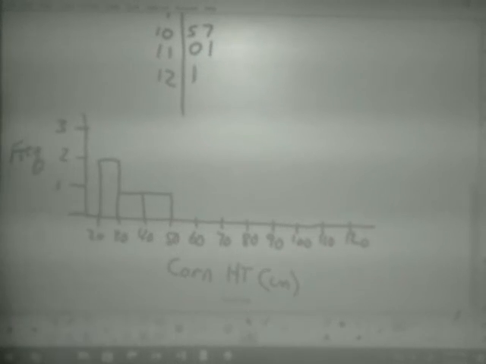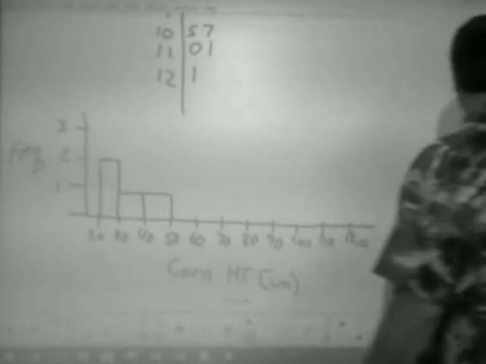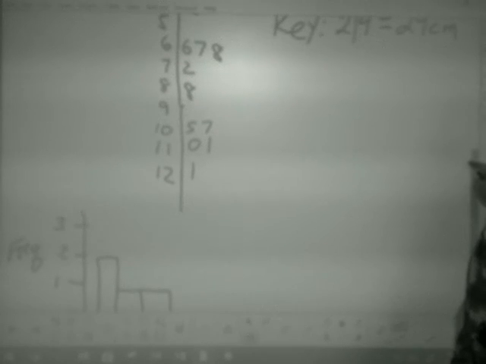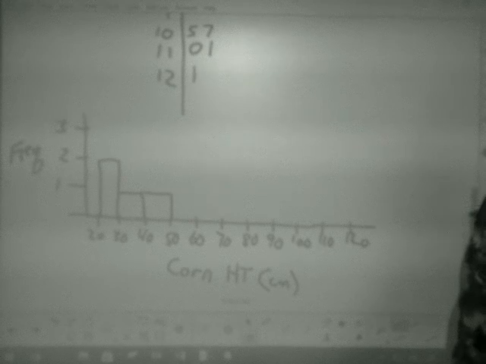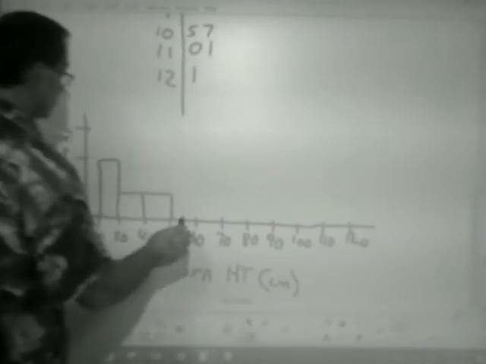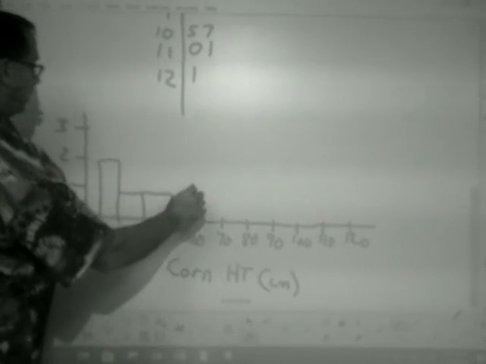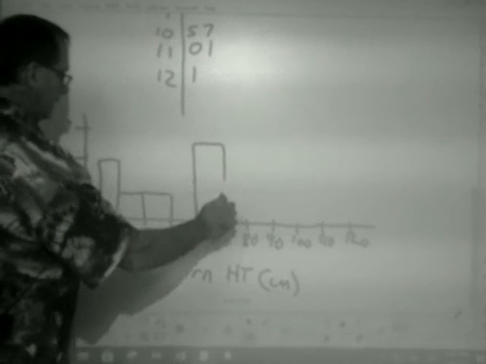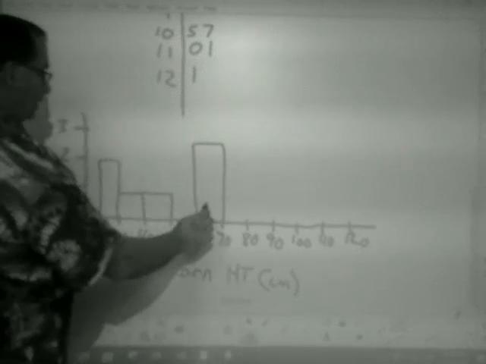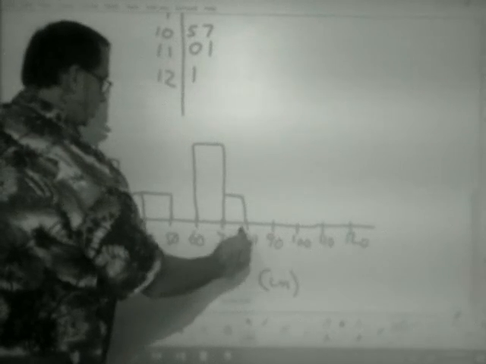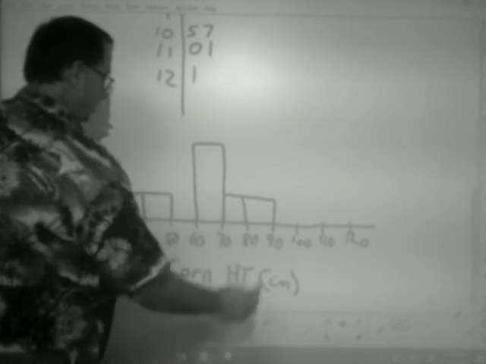Nothing in the 50s, so there's going to be a gap there. 3 in the 60s, 1 in the 70s, and 1 in the 80s. Starting with the 60 mark, up to 3, over and down. Then 1 in the 70s, share the edge. 1 in the 80s, share the edge.